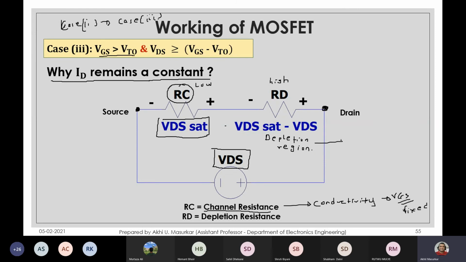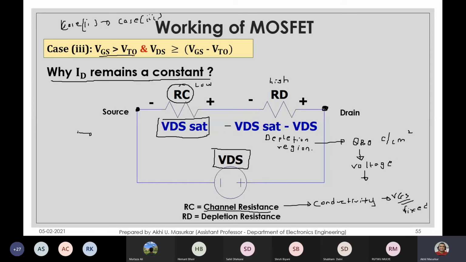Now the depletion region has got QBO, coulombs per centimeter squared, that is depletion charge density, and we know QBO can be overcome by voltage. To overcome this, we have a very large voltage in a very small space.